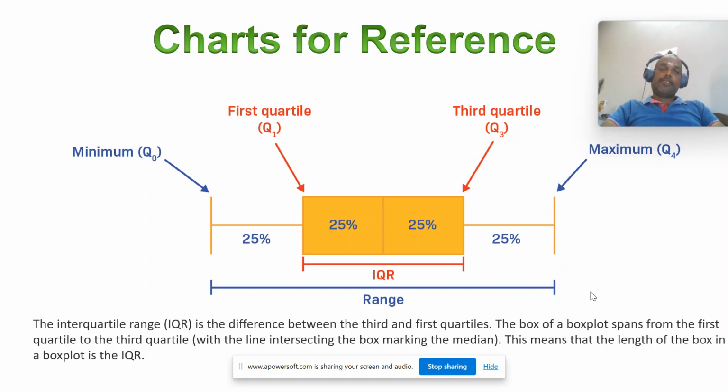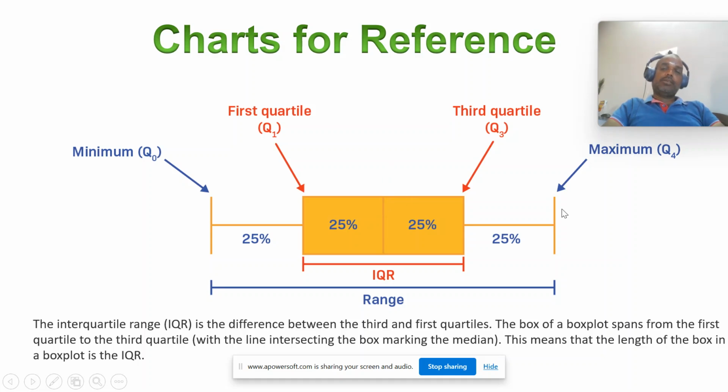The first 25%, you can see Q0, which is the minimum value. And the first quartile, Q1, that is 25%. And the third quartile you can see in the box at this value. The median is nothing but the middle value.